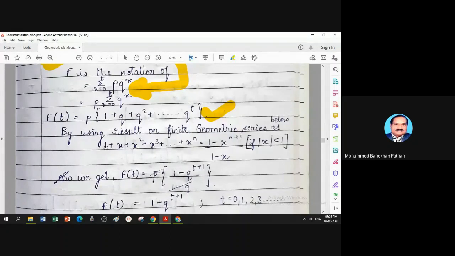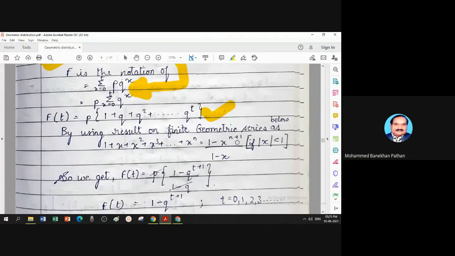The result says: 1 plus x plus x square plus x cube plus dot dot plus x raised to n. This is a finite geometric series. The sum of these terms is (1 minus x raised to n plus 1) divided by (1 minus x).